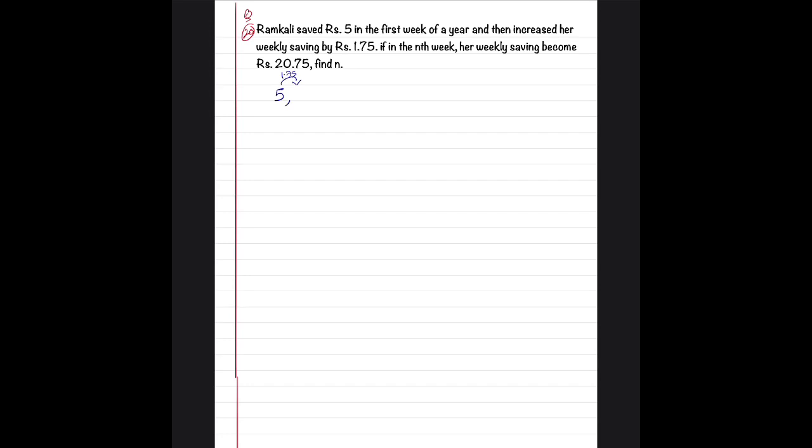So it becomes 6.75. What is the next one? The next term will again add 1.75. Similarly you go on adding 1.75, 1.75, at which term you will get the value 20.75.